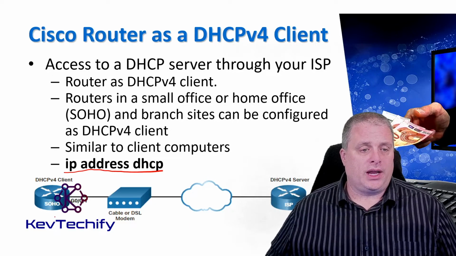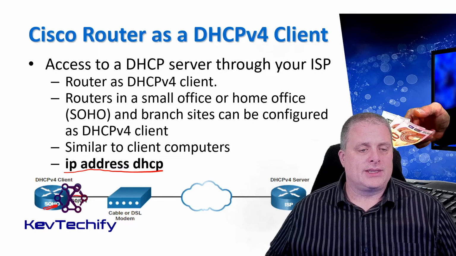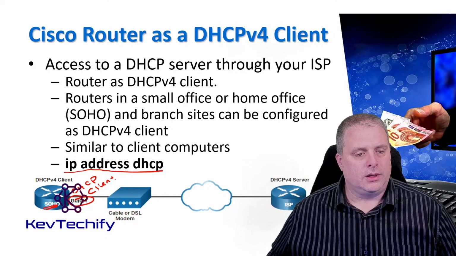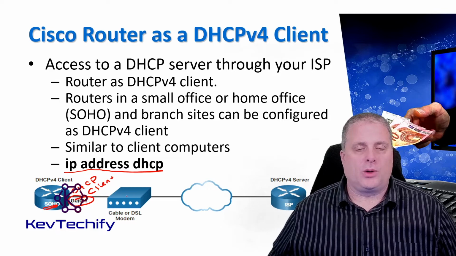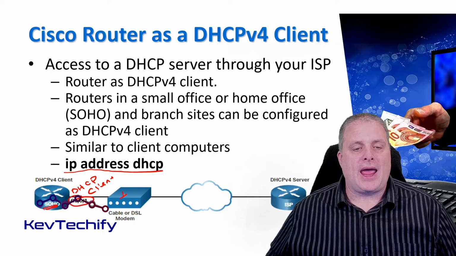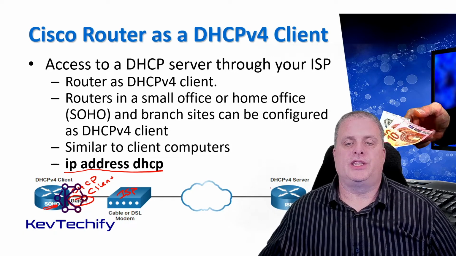Here's the example we have. We have our SOHO router right here. We're going to set this G0/0/1 interface to be the DHCP client, right? We connect up to our internet, cable modem, DSL modem, however your ISP provides you access. Your ISP will set up their own DHCP server.